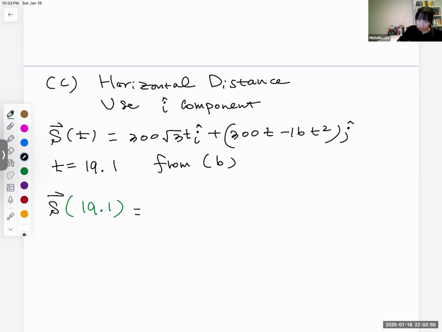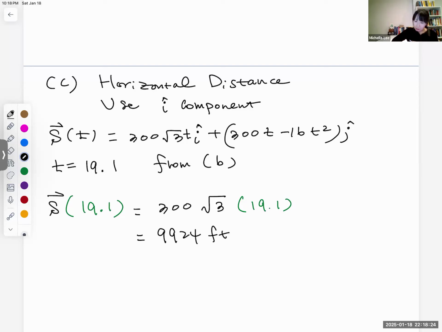So equal to 300 square root of 3 times t, which is 19.1. So what do you get? Can you please calculate? So I got 9,924 feet.